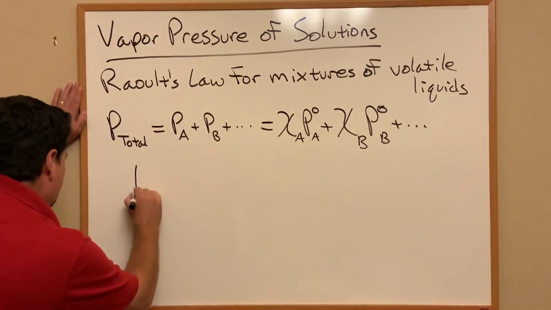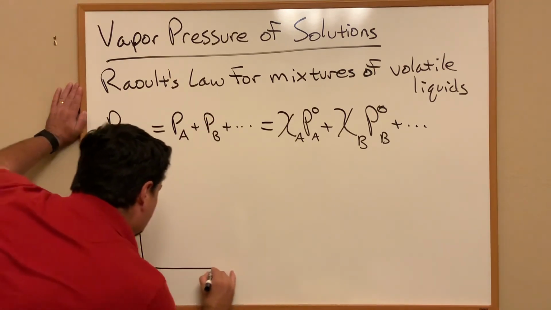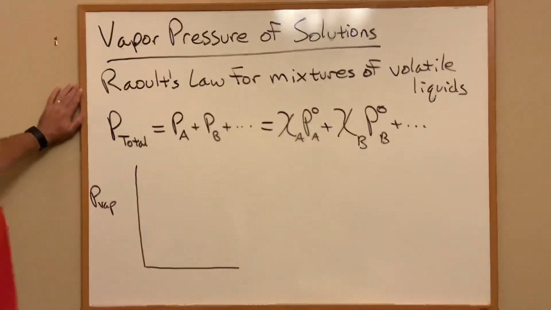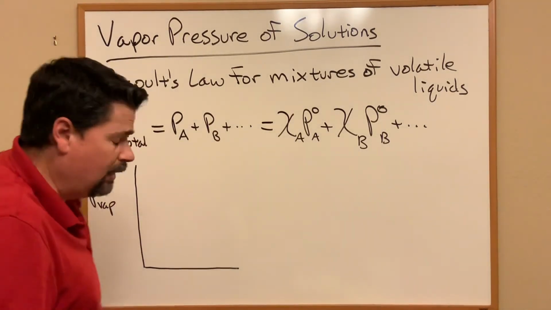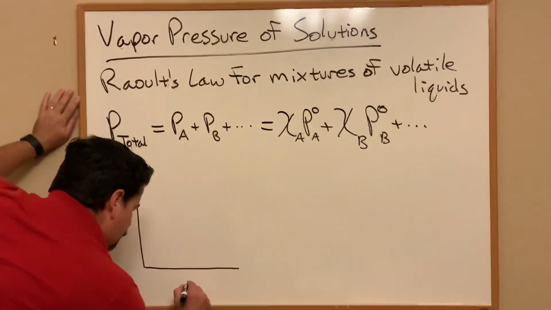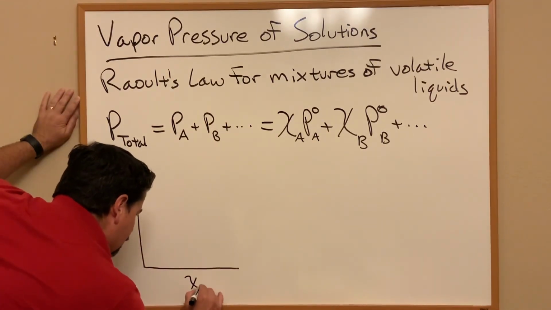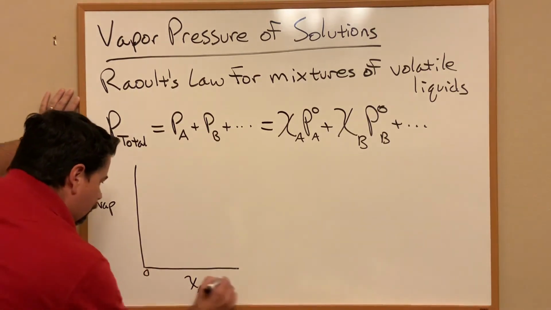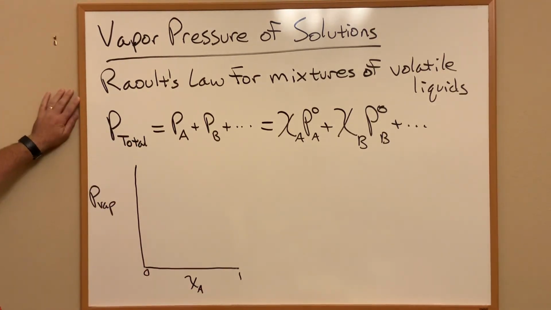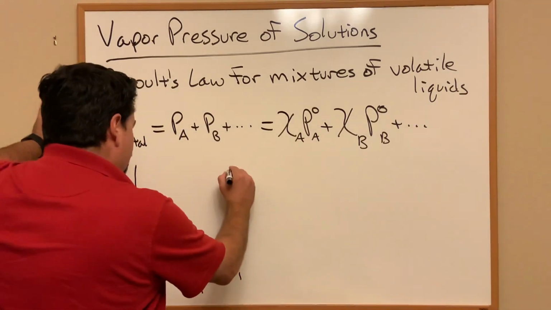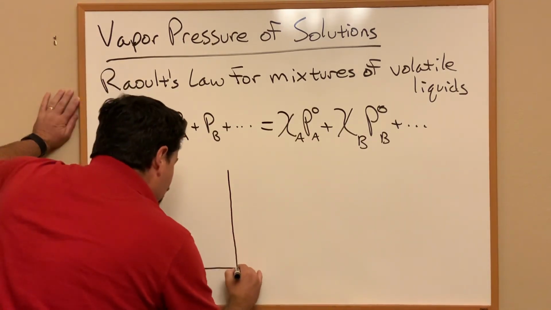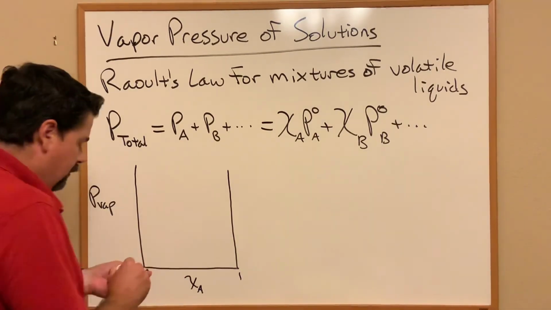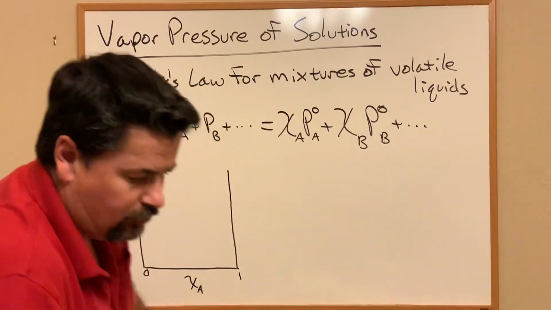So let's go ahead and plot our vapor pressure. And we'll plot it versus chi A there. And we're going to go from 0 to 1. And actually over here, I'm going to have another y-axis here, just because it makes things a little bit easier.